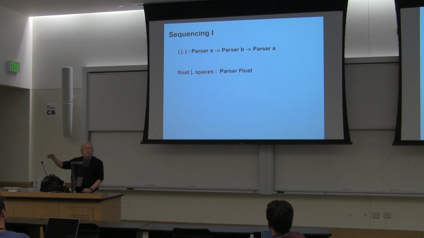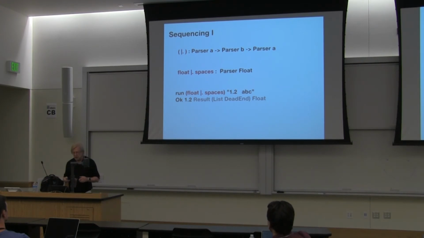So it's used to sort of ignore certain kinds of successfully parsed input. If I run float pipe dot spaces on 1.2, spaces, ABC, it returns OK 1.2, and it's parsed all the way up to the character A. Then maybe other parsers will take on from that point.